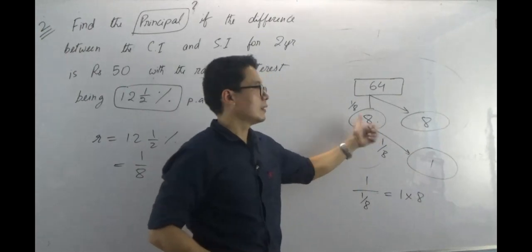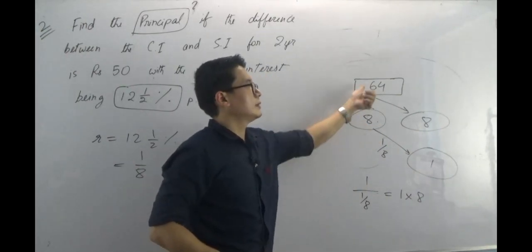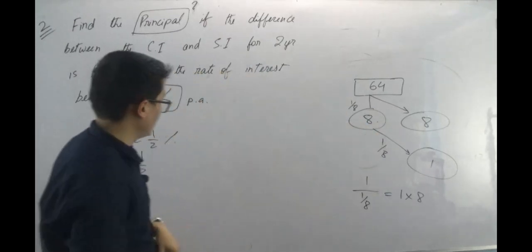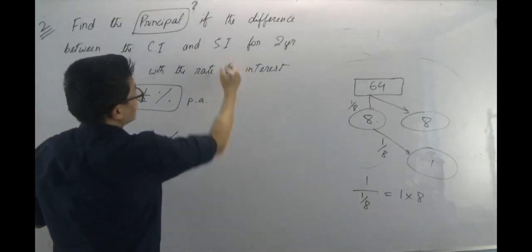You get this inverse of 8 and multiply, and you get this basic framework. Now the question says that the difference is given.